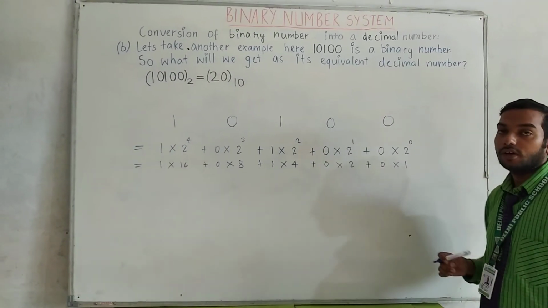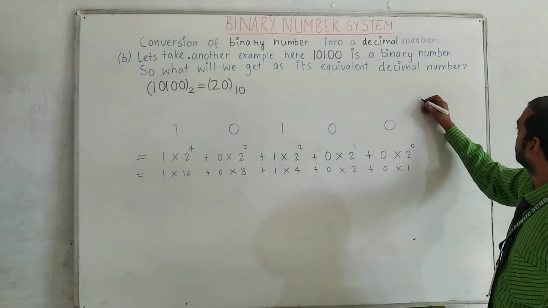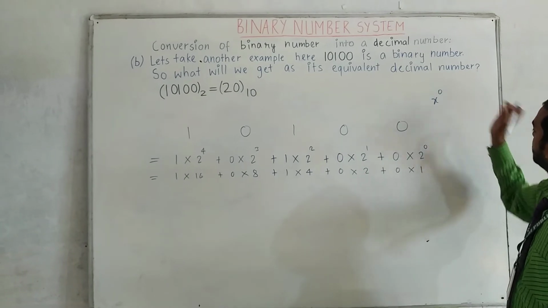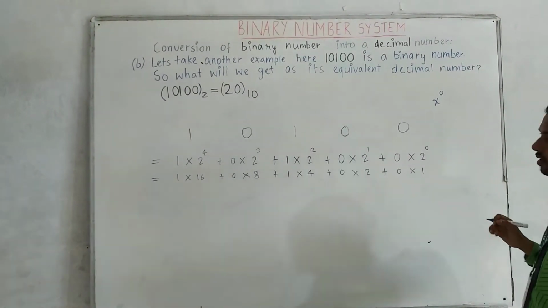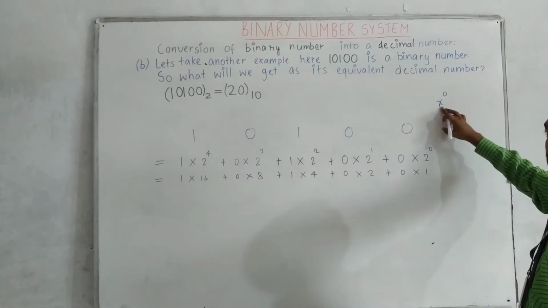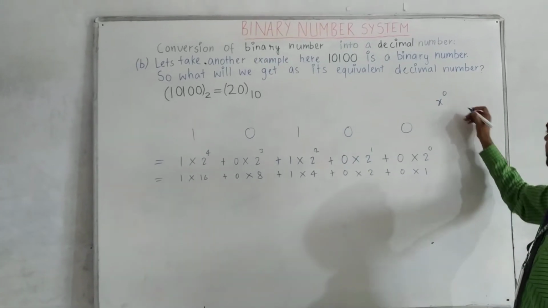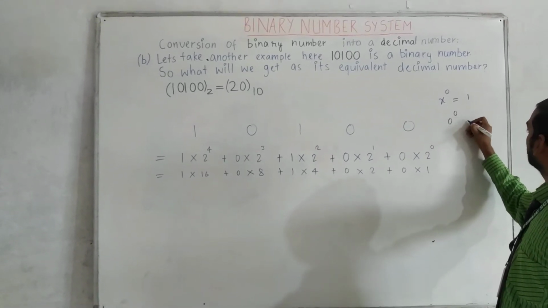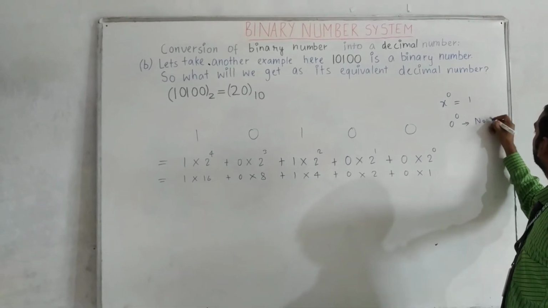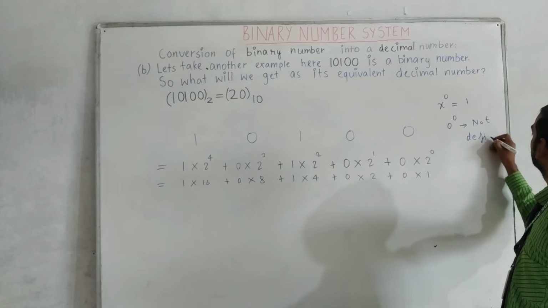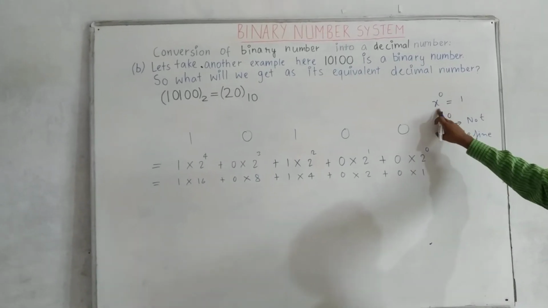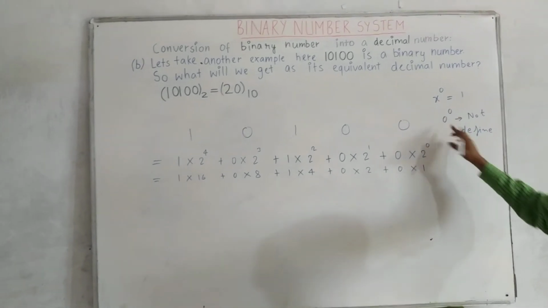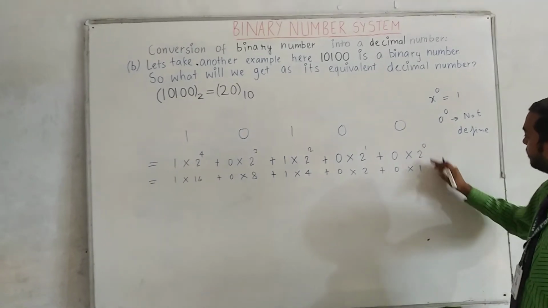Let me give you one piece of information. x to the power 0 is always 1, except when x is 0, because 0 to the power 0 is not defined. So here 2 to the power 0 will be 1.